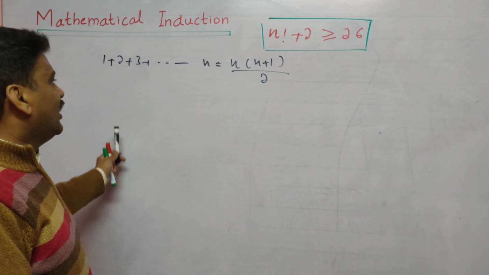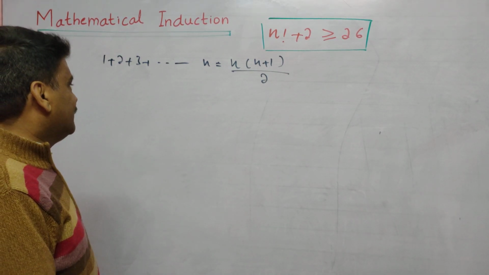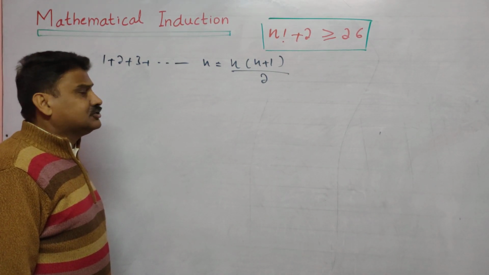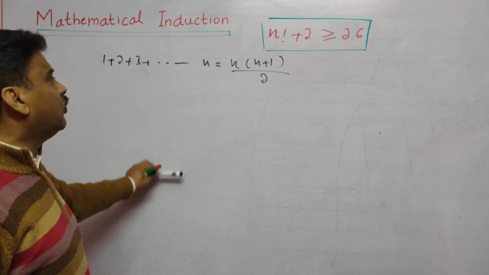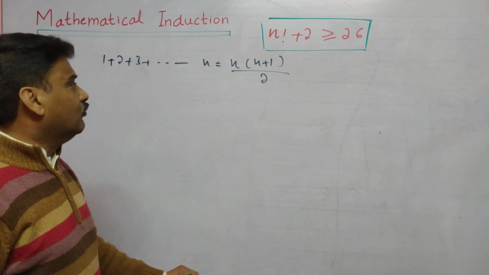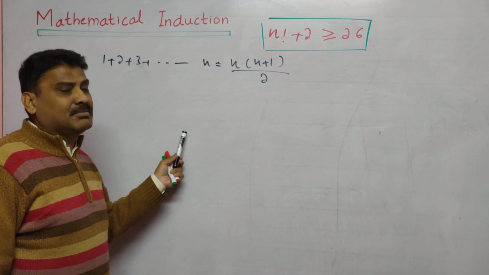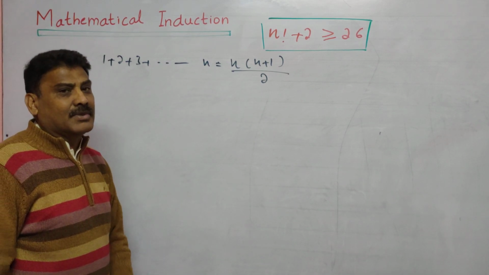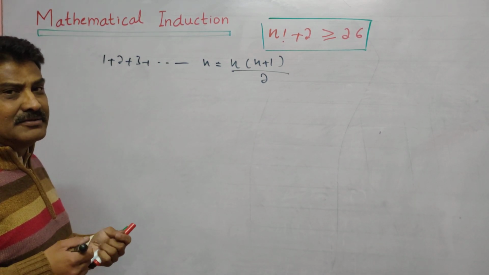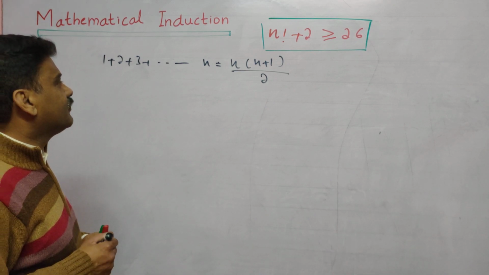We will prove it by mathematical induction. In the first step, we have to prove that it is true for n equal to 1. We just replace n by 1 on both sides of the statement, and if both sides are equal, we say C1 is satisfied, that is, condition 1 is satisfied.